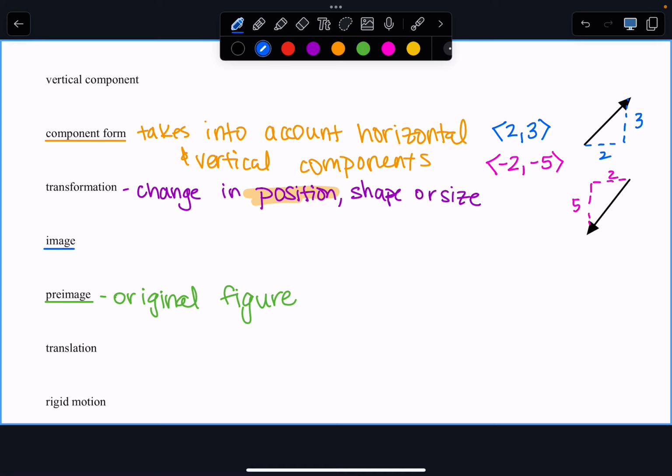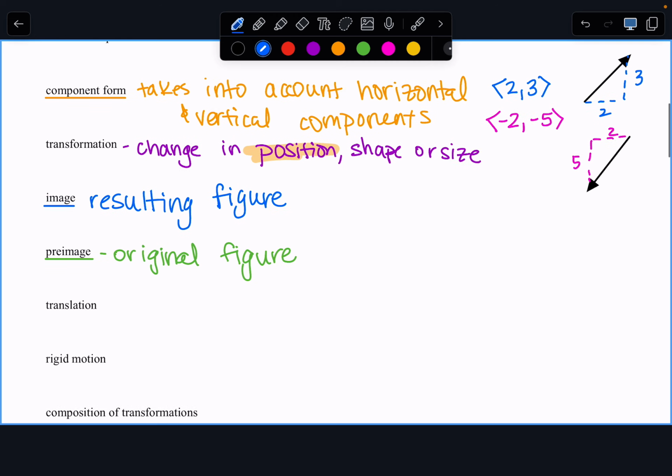And our image is going to be the resulting one. So we're going to talk about today a translation, tomorrow a reflection, Thursday a rotation. We're going to talk about some scale factor stuff next week, okay?